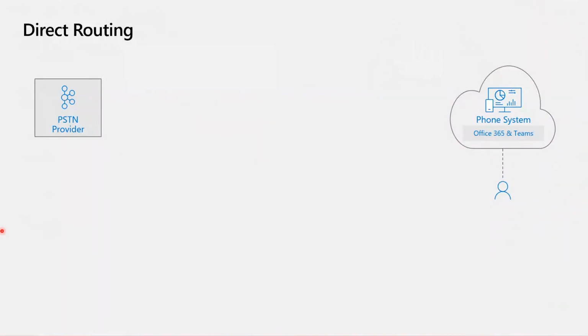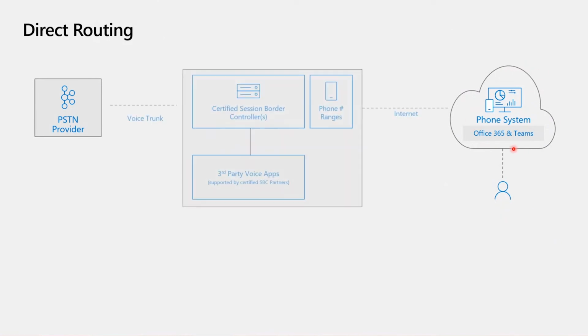Using direct routing, where we have a PSTN service provider and we have our phone system in Office 365, we connect these two together via a session border controller. Again, this can be homed on premises for a user, or it can be homed in the service provider's data center. We assign a range of numbers to it, which will go through this trunk, connecting to Office 365.